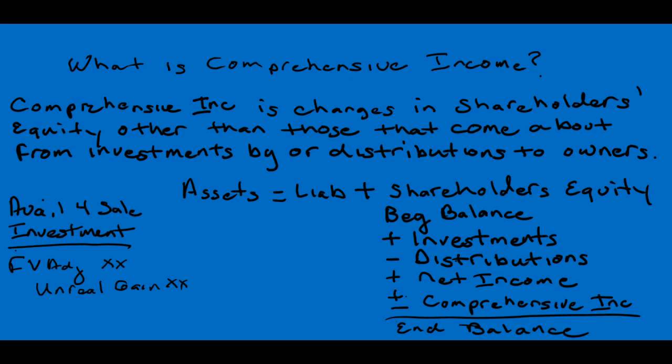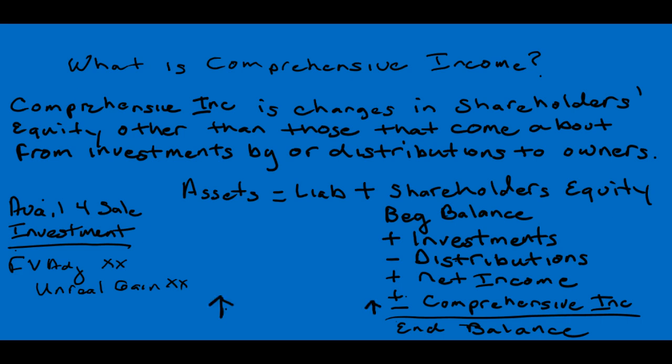If the fair value of that investment went up on the balance sheet date, you would debit an account called fair value adjustment, and you would credit an account called unrealized gain. Because it was an available for sale adjustment, that was not allowed to be included as part of net income. It had to be included in a separate component of stockholders' equity.